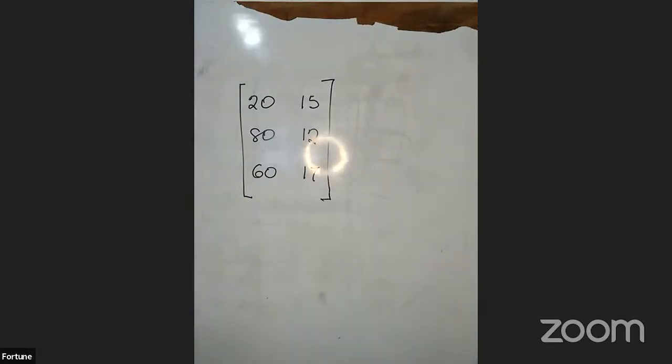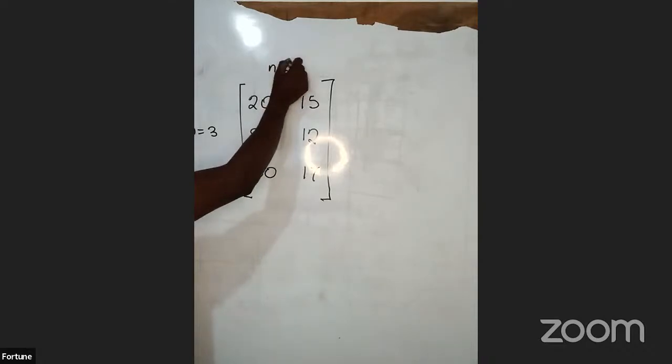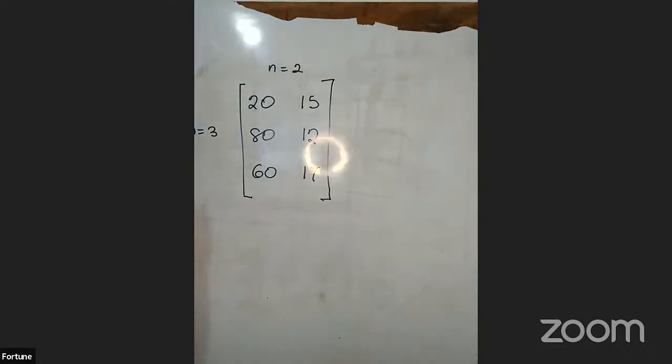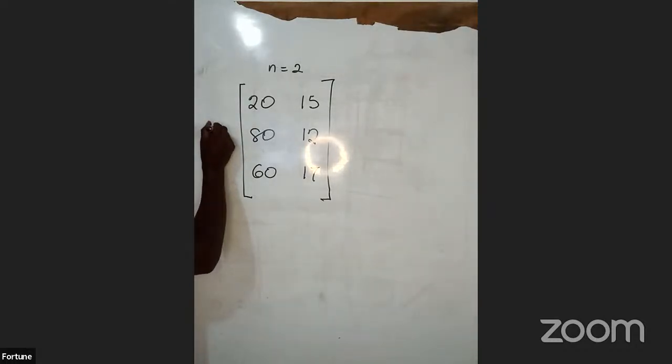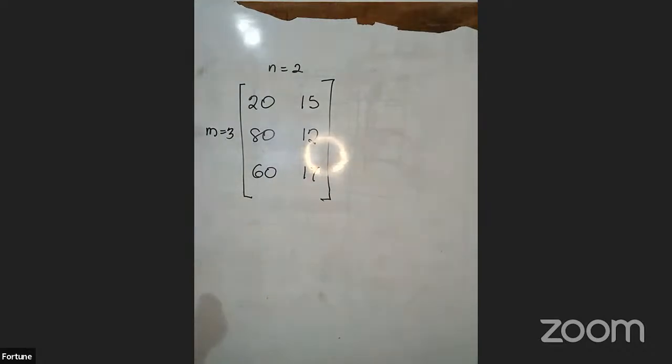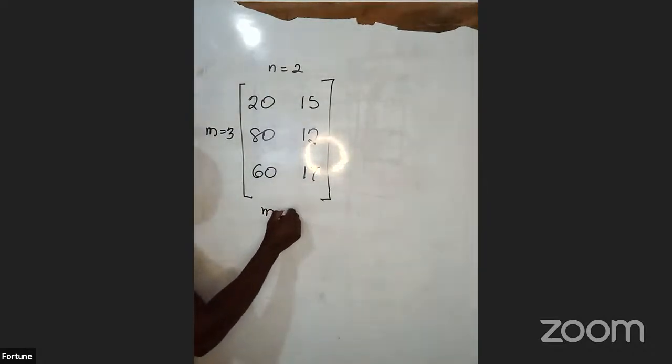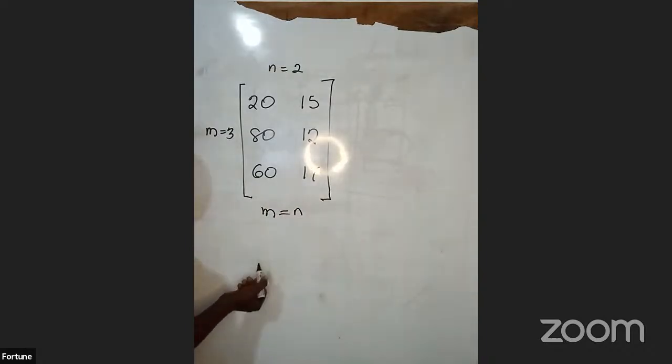Look at this, for instance. How many columns are we having here? How many rows? We have 3 rows. And how many columns? Just 2. This is not balanced. So make sure that M is equal to N.